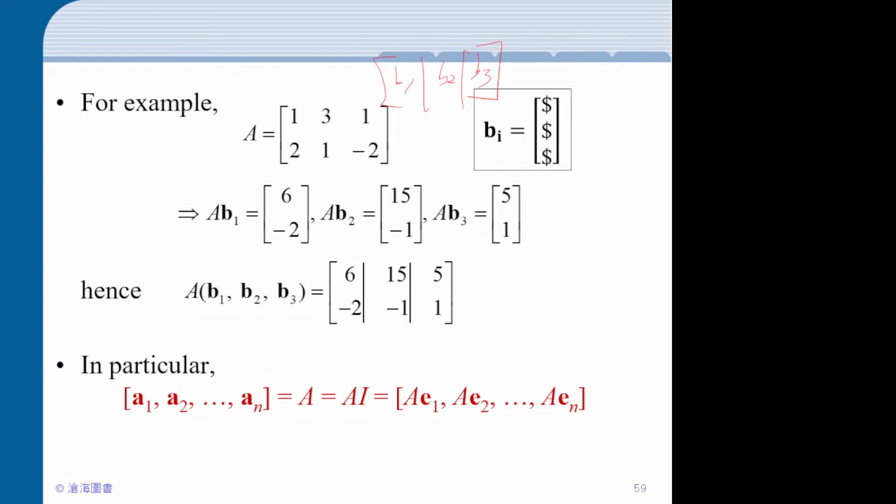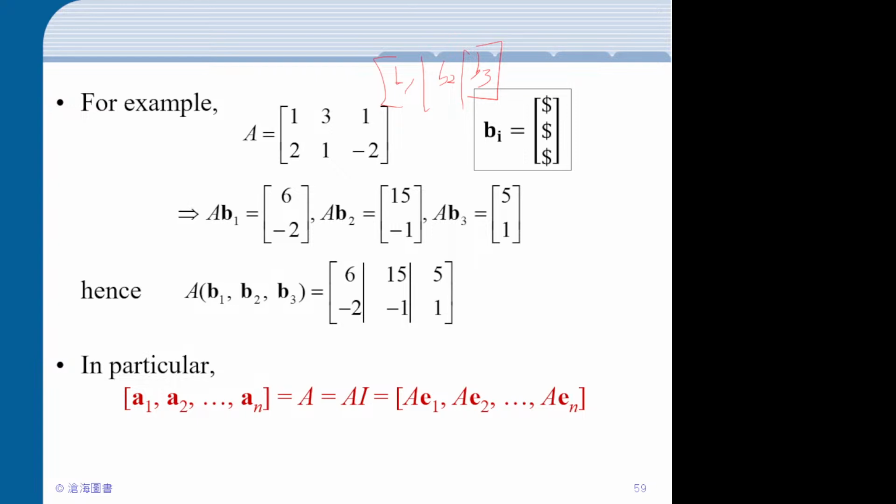This is just some geometric thing about the matrix multiplication rule. So you see A multiplied by B should be a 2 by 3 matrix. We have it here.